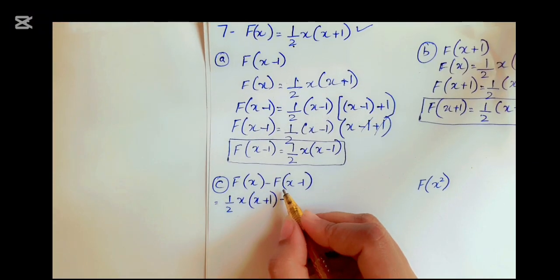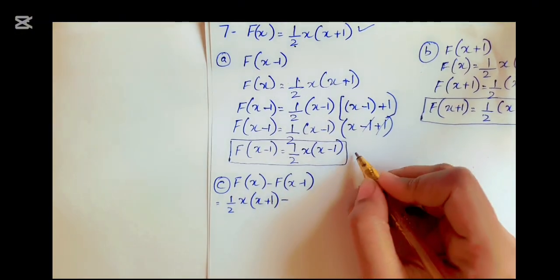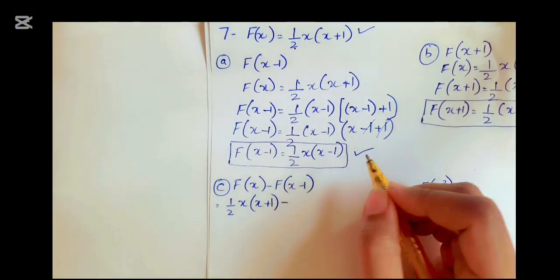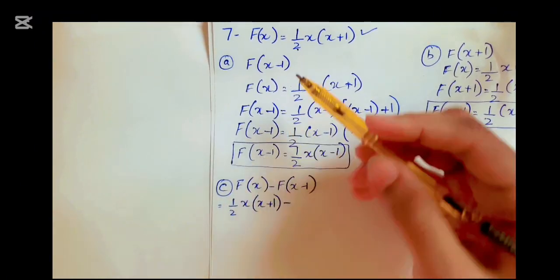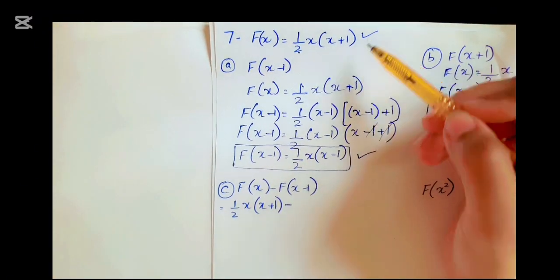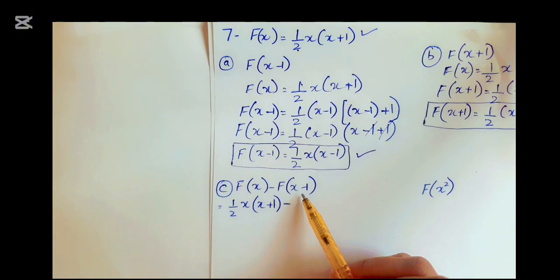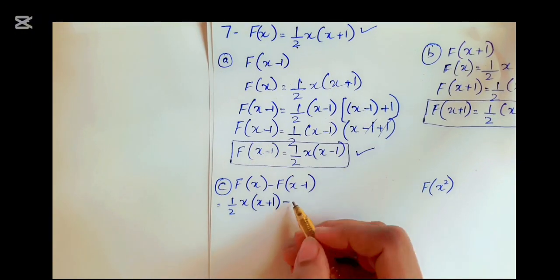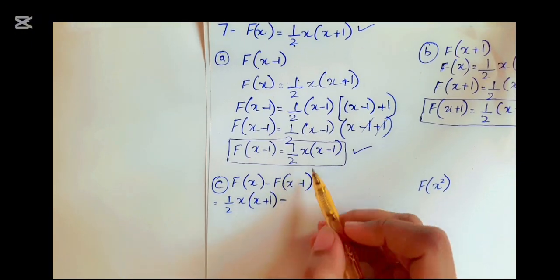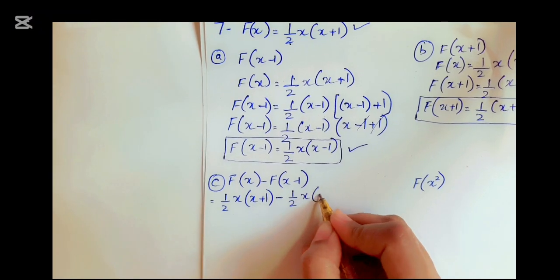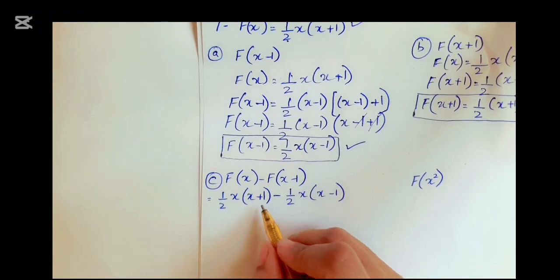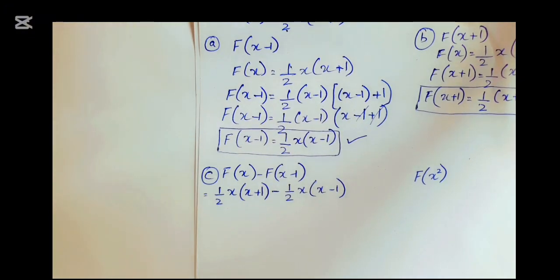And now f(x - 1) is half x(x - 1). Now we have to subtract both of them.